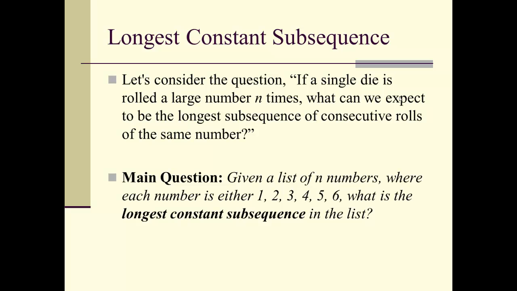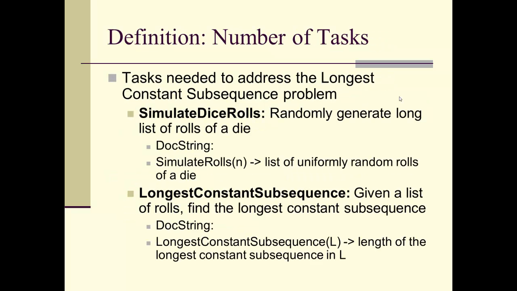The question we're going to look at is, if you roll a single die a large number of n times, what can we expect to be the longest constant subsequence of consecutive rolls of the same number? Notice we have 2 tasks. We're going to have to simulate a large number of rolls, and then the main question will be determining what the longest constant subsequence is.